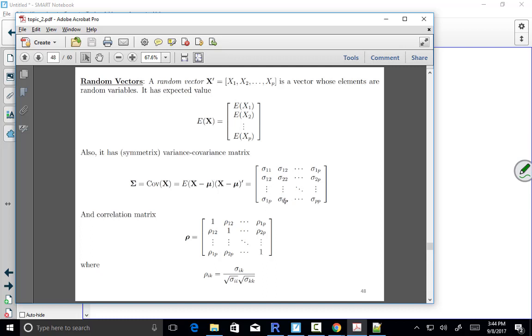The correlation matrix, remember that a correlation is just a covariance divided by the product of the standard deviations. So the correlation of variable 1 with itself would be its covariance, which is actually its variance, divided by the product of its variance square rooted. That's just 1. The correlation of one variable with itself is 1.